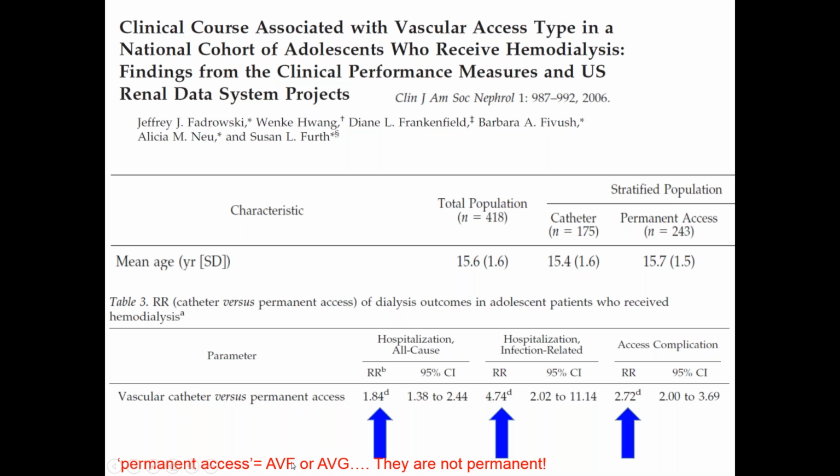You must keep in mind that these are not permanent; no vascular access is permanent. But comparing these access types, the all-cause hospitalization rate is higher with central lines, and infection-related hospitalization is significantly higher, 4.5-fold higher with lines compared to access.